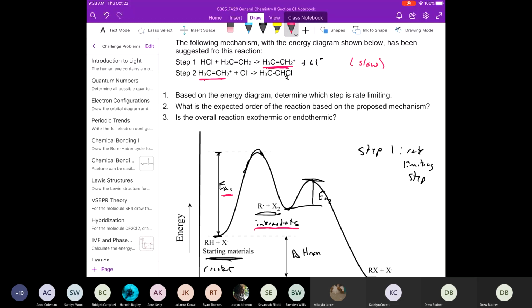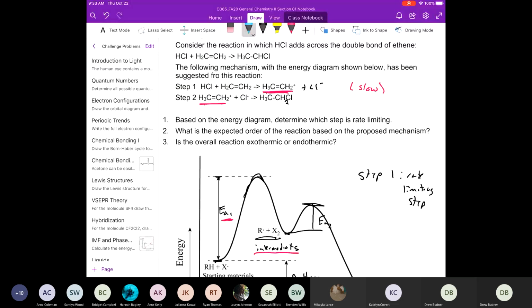So if we come up here and we write the rate law for this reaction, we would assume that rate is equal to lowercase k times the concentration of HCl raised to some power times the concentration of this ethene raised to some other power, right?